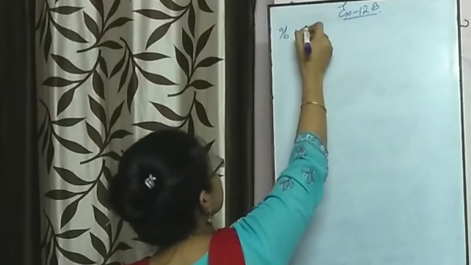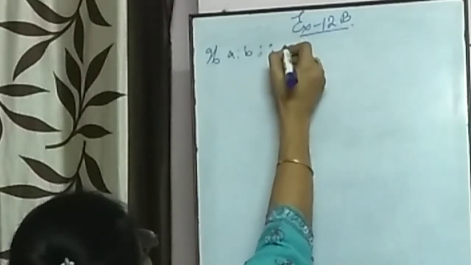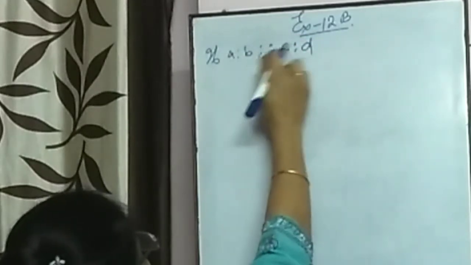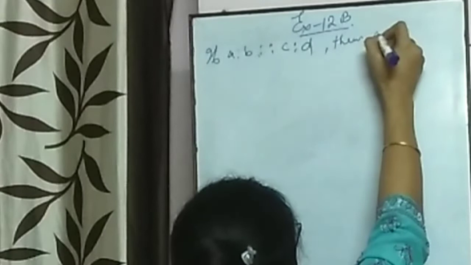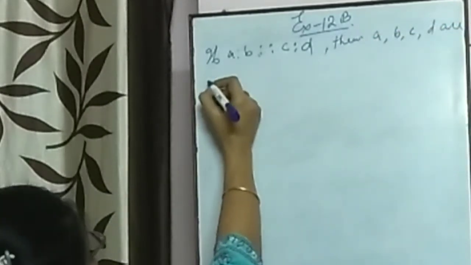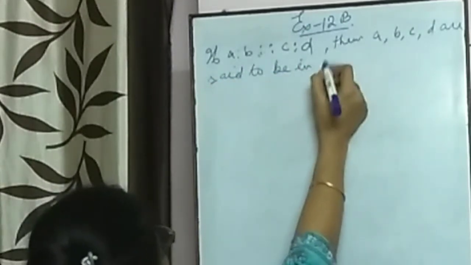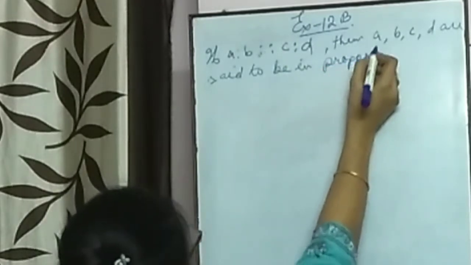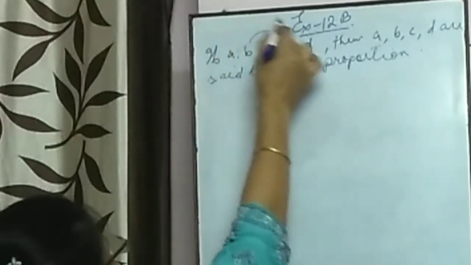If A is to B is equal to, or we can say with 4 dots, C is to D, then A, B, C, D are said to be in proportion. If it is so, then the product of B and C is equal to the product of A and D.